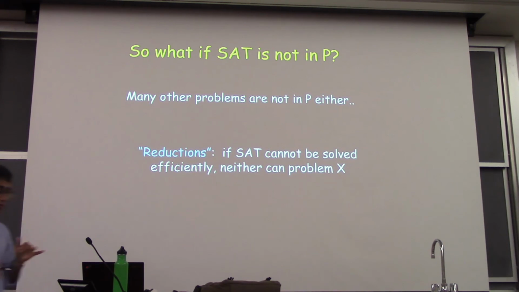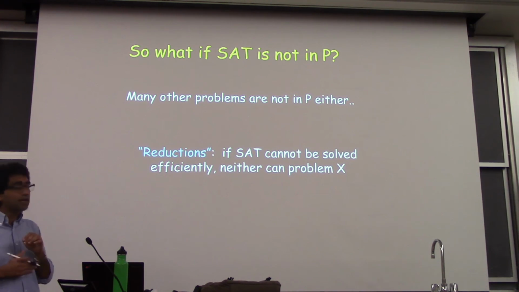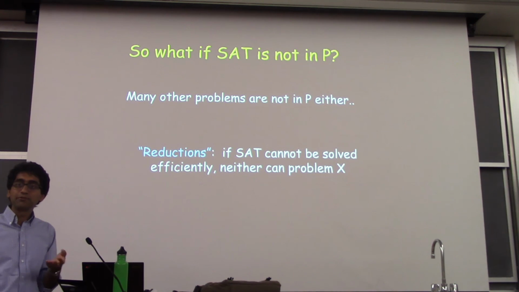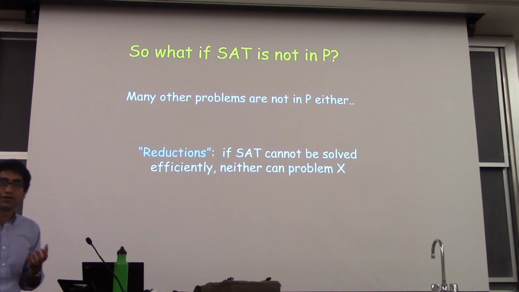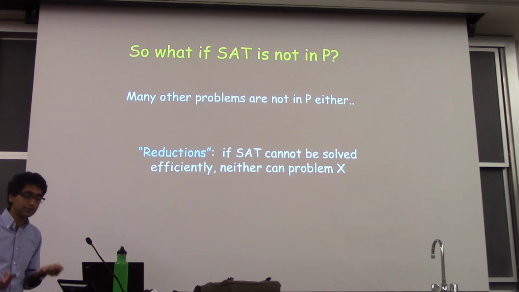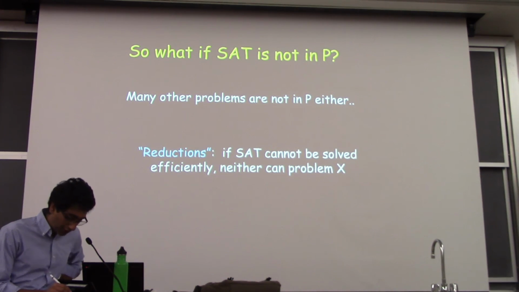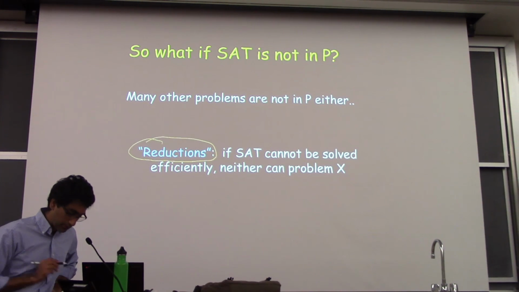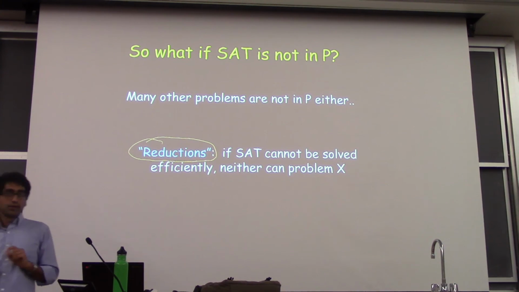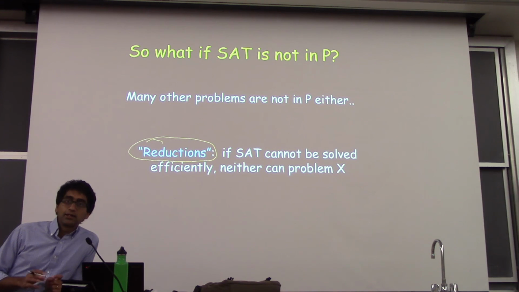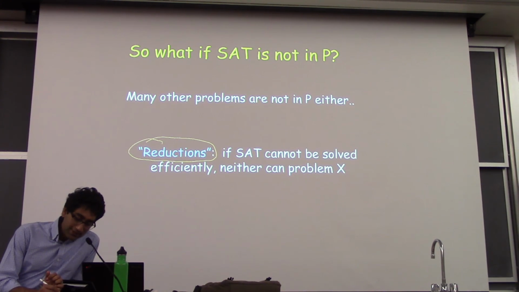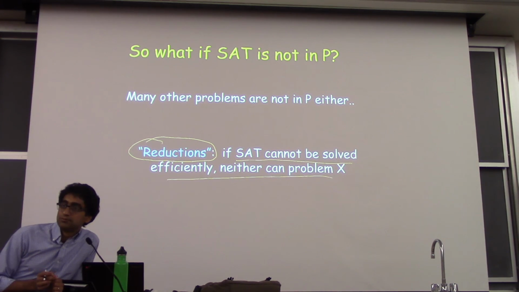It could give us lower bounds. It would imply that a lot of other problems that we care about cannot be solved efficiently either. That's the thing that we'll study next time. There is this notion of reductions, and the idea behind a reduction is that you prove mathematically that if SAT cannot be solved efficiently, then neither can my problem.